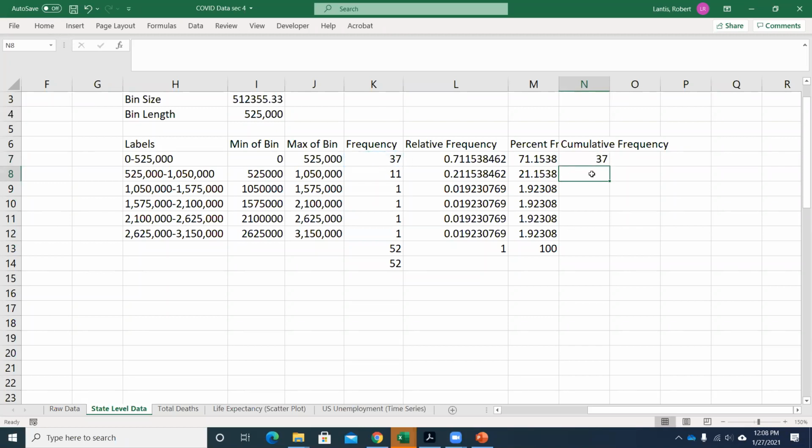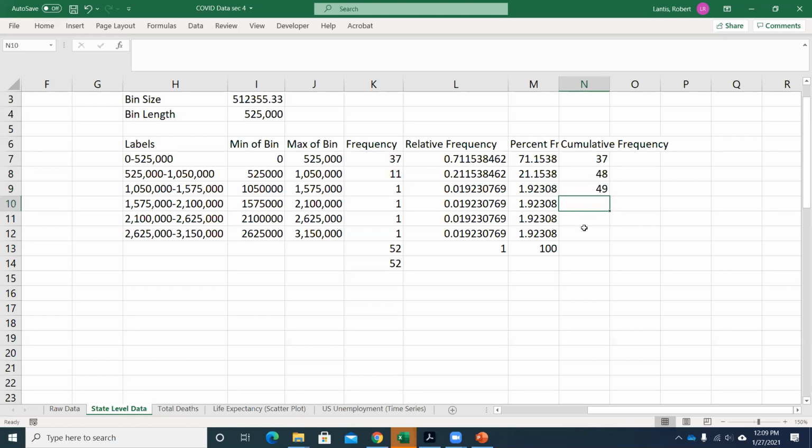What about the next category? The cumulative frequency for the next bin will be its frequency plus the frequency of every bin below it. There's only one bin below it, so I would add that in. What about the next one? I would take that bin's frequency and add to it the frequency of every bin below it.